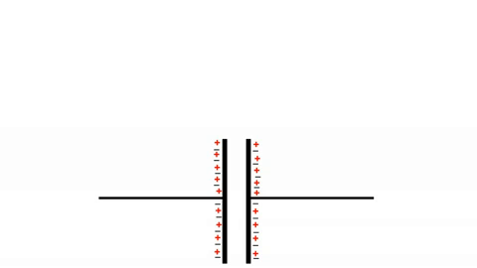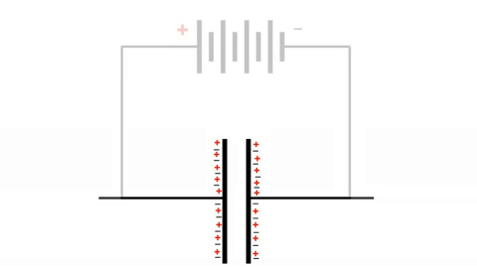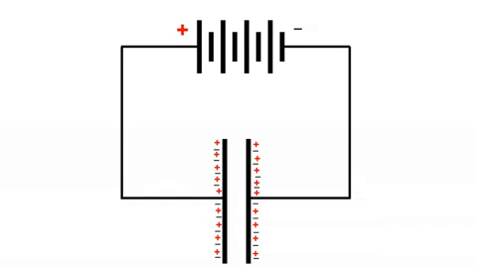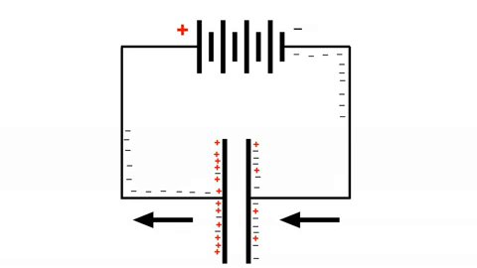Well, this is my representation of a capacitor that is not charged. And if we were to add a battery to it, immediately electrons would start to flow, and notice at each side of the capacitor which way they're flowing.